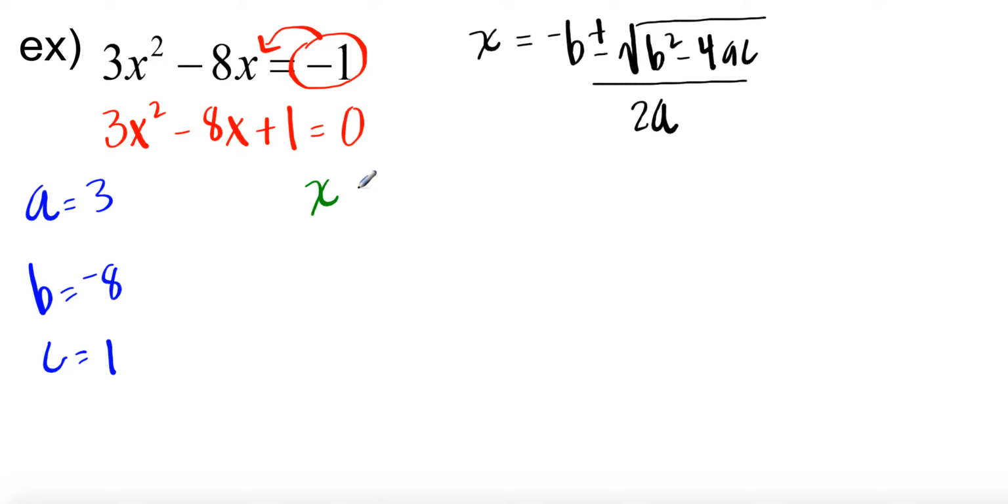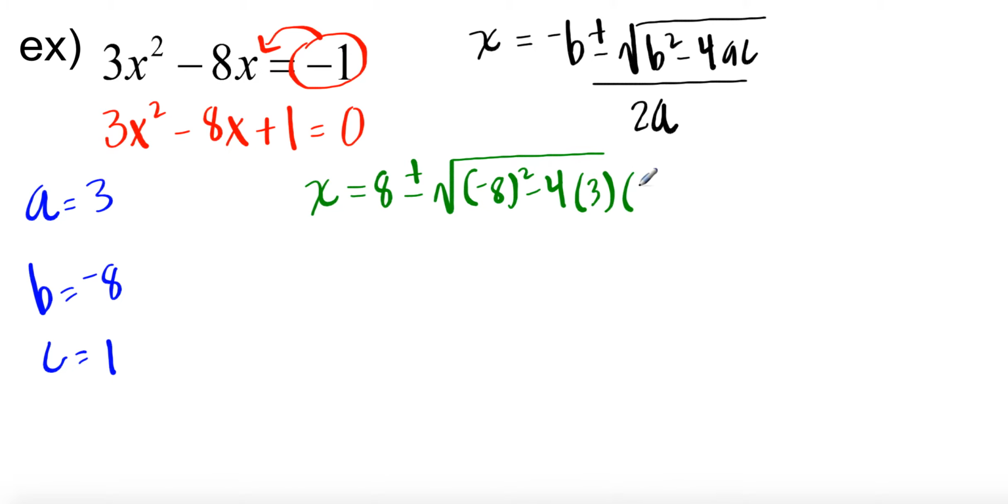This leaves me with x is equal to the opposite of b. Well, b is negative 8, so the opposite of b is positive 8, plus or minus the square root of b squared, so negative 8 squared, minus 4 times 3 times 1, make my radical sign a little longer, all divided by 2a, so 2 times 3.